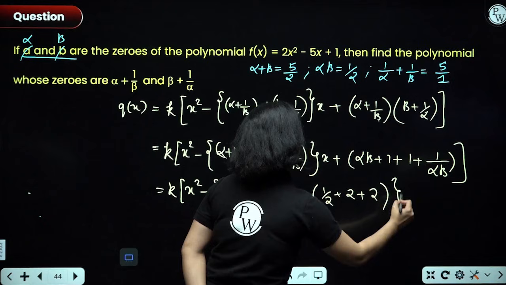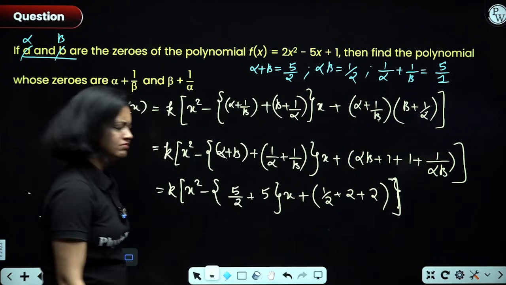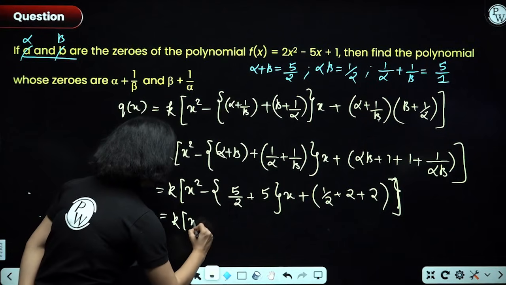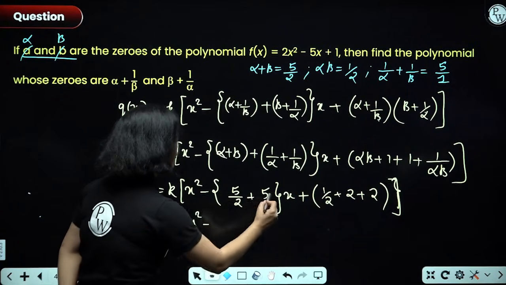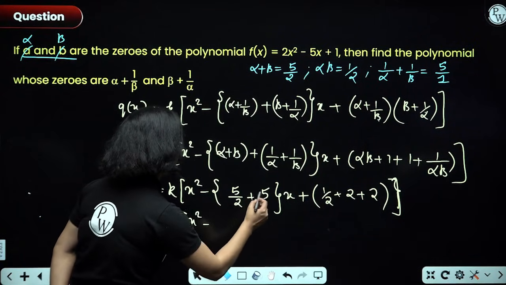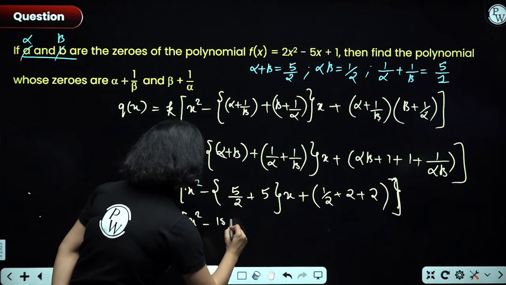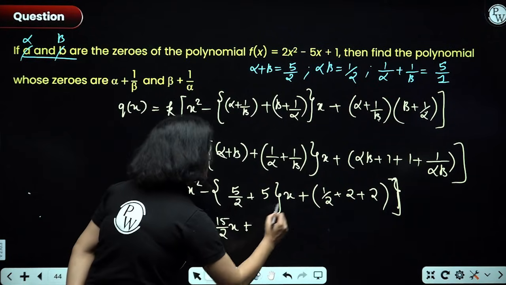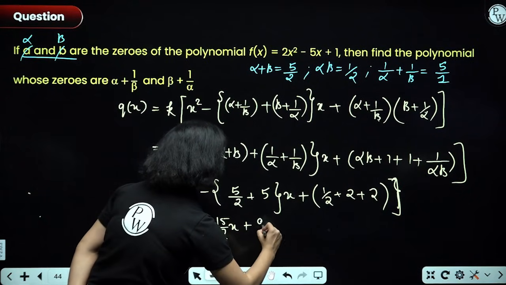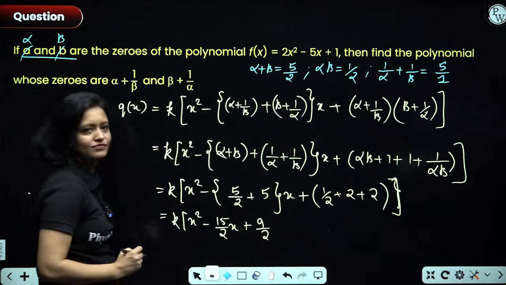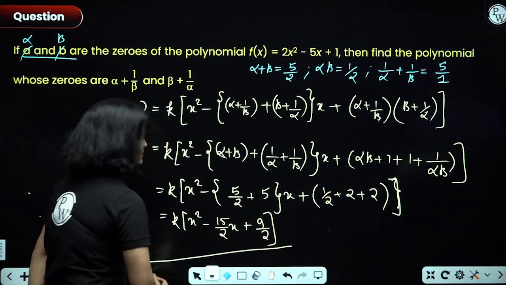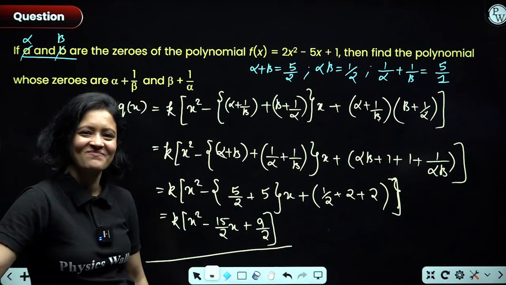Okay. That's it. Let's simplify. So you'll get k x square minus 5 by 2 plus 5, everyone, so 15 over 2 x plus 9 by 2. Right? Okay. That's it. That's the answer. That's what we were looking for.